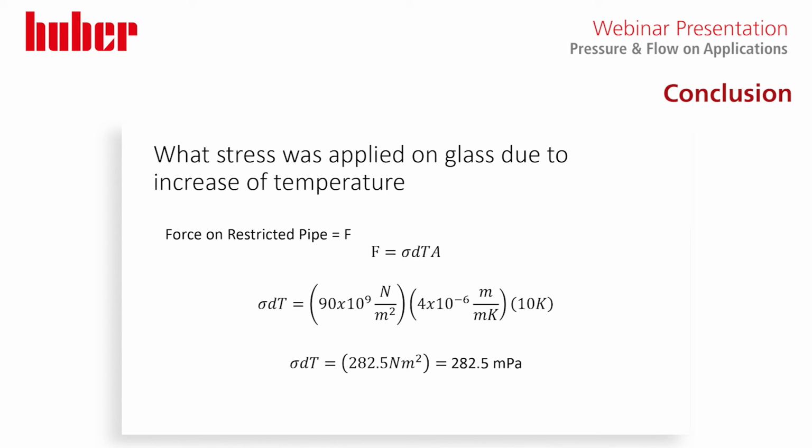We call that F. That equals sigma times the delta T times the surface area. So sigma delta T is kind of a pressure calculation. And if we do the maths from my P&ID drawing of my glassware, it works out at 282 megapascals.